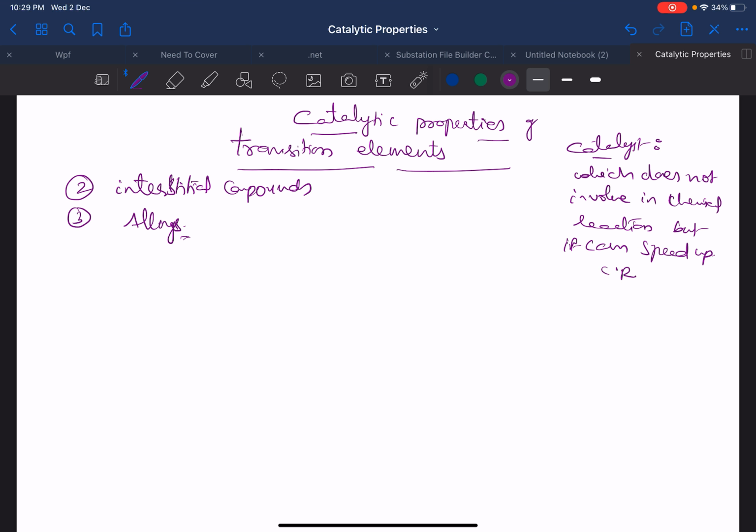So that is the catalyst. It does not get involved in the chemical reaction, but it can speed up the chemical reaction.